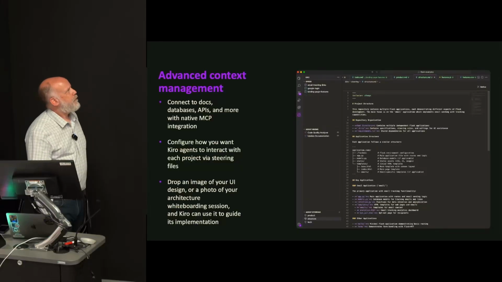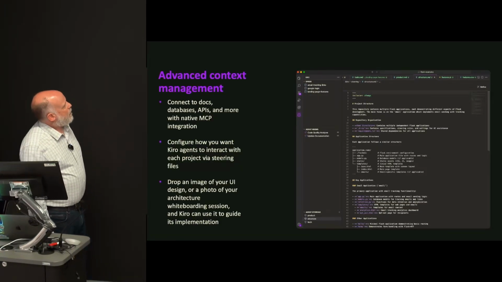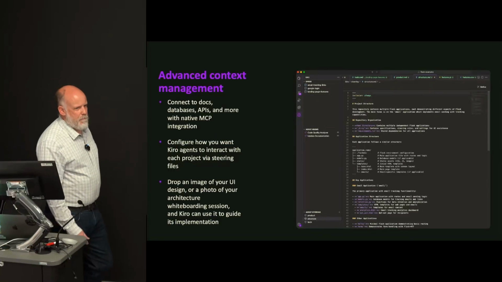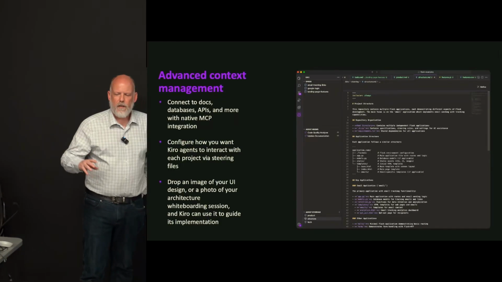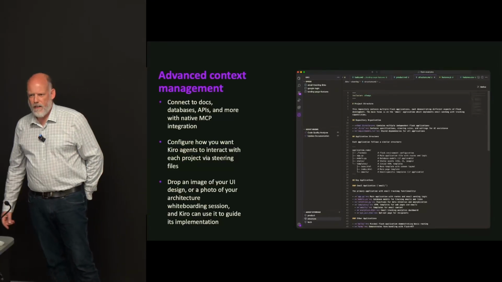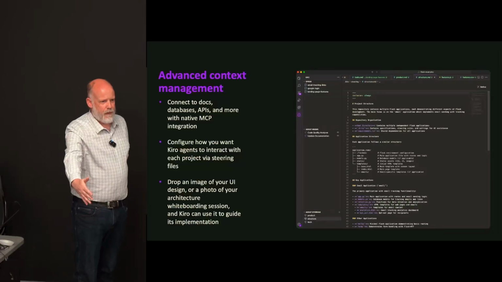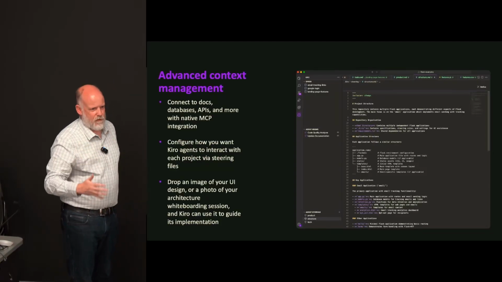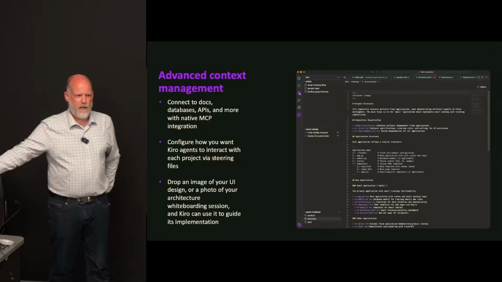So, advanced context management. When an LLM, and I'm presuming everybody is familiar with LLMs here, when an LLM is trained, it's trained on a whole bunch of data to a certain point. Okay? It doesn't really understand things beyond its training data.